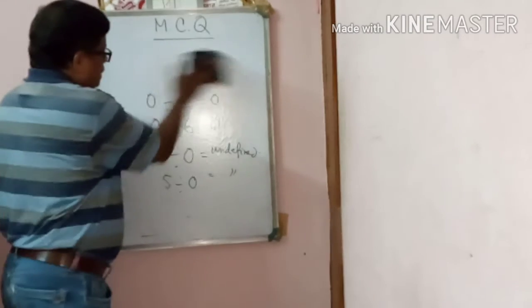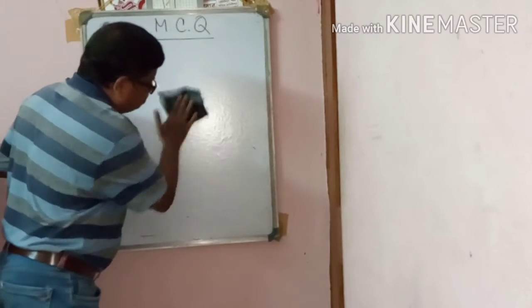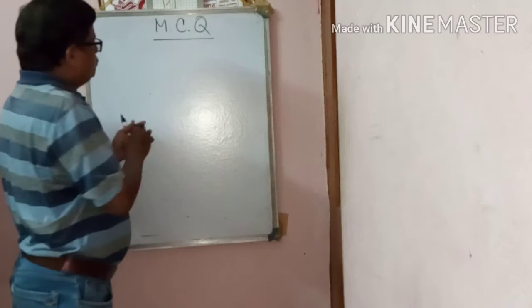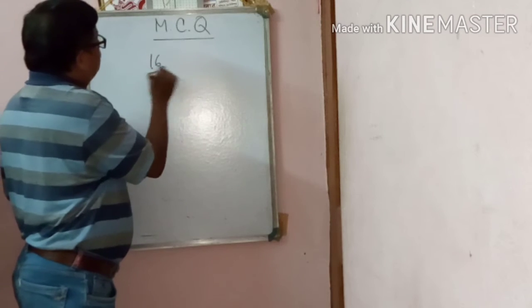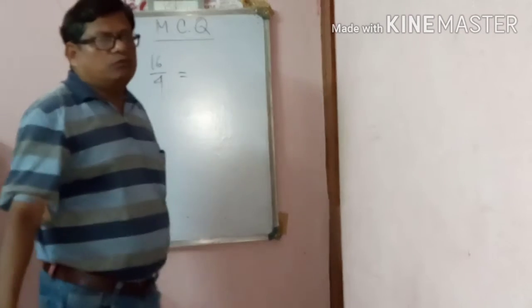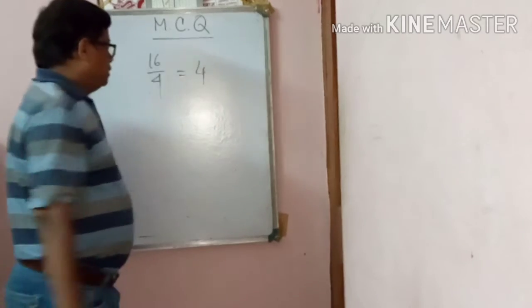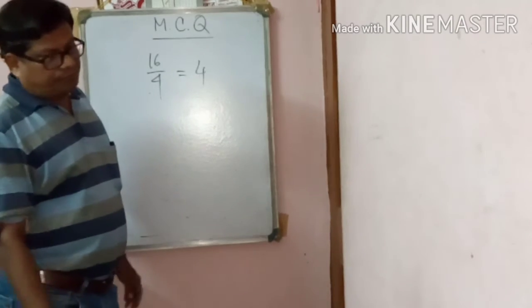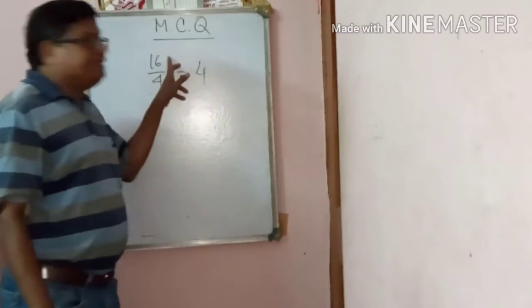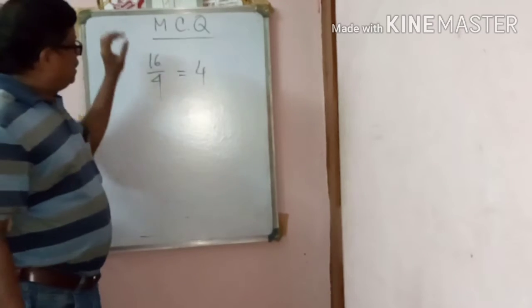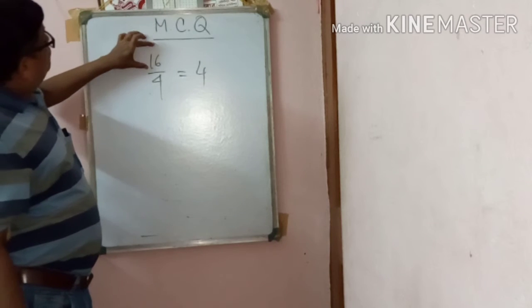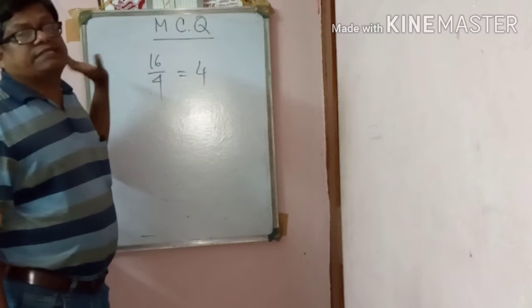Wait, one time. So all of you know, suppose 16 by 4. What is the value of 16 by 4? 4. Okay. How will you get the answer 4? How many times will 4 come to make 16?